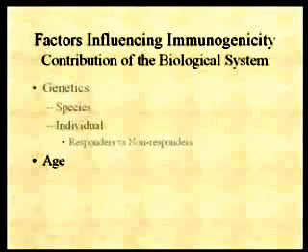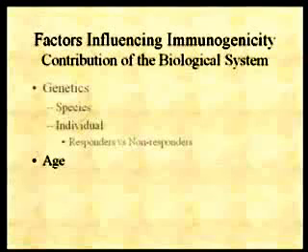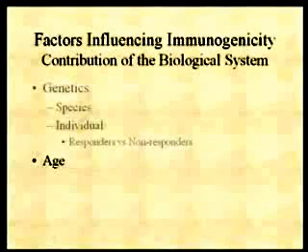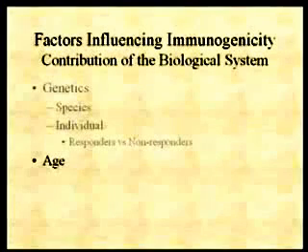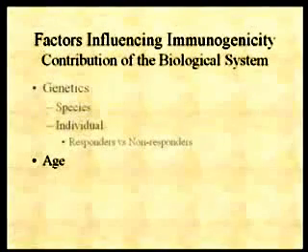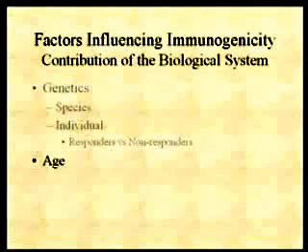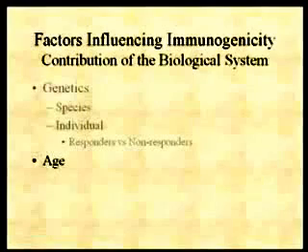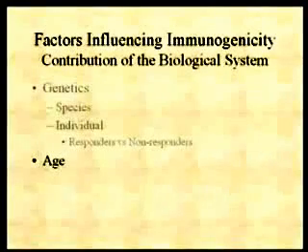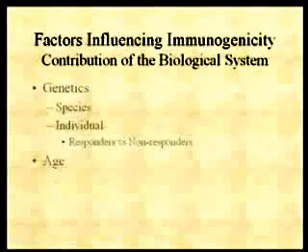In the young, since we're not born immunocompetent, we rely on maternal antibodies for our initial protection. Maternal antibodies get into the fetal circulation and provide us the initial protection. Whatever the mother was immune to, the child will be immune to shortly after birth. That lasts several months, and then finally we start gaining our complete immunocompetence. Maternal antibodies disappear, and then we start making our own antibodies. So age plays an important role.